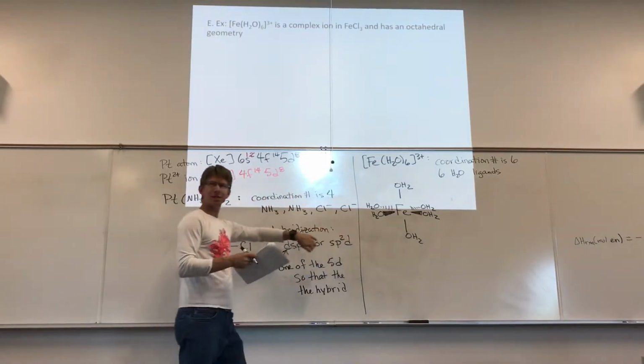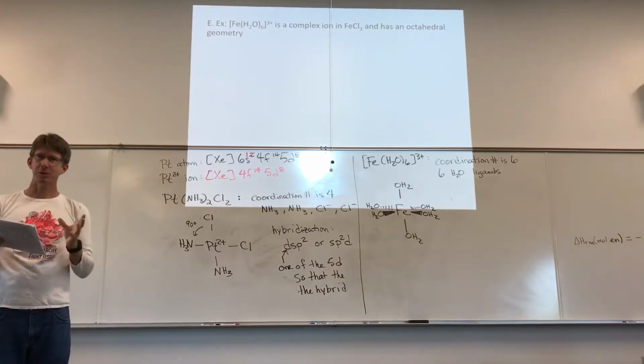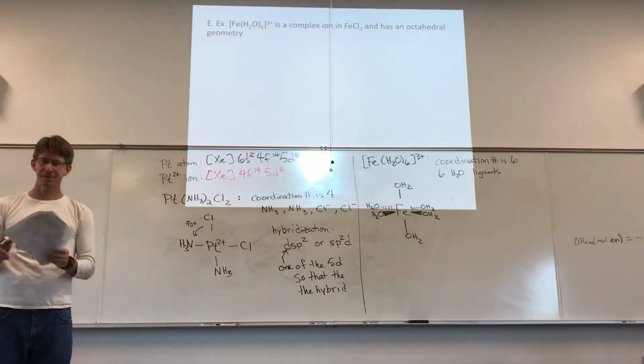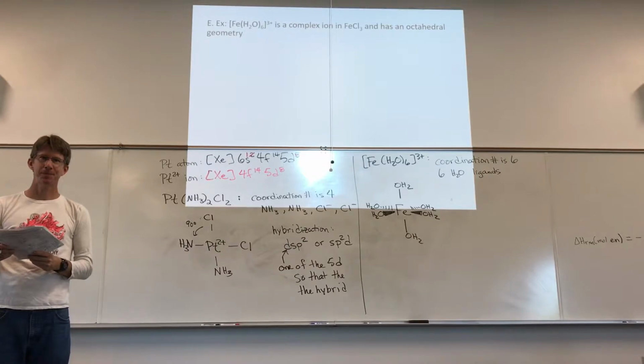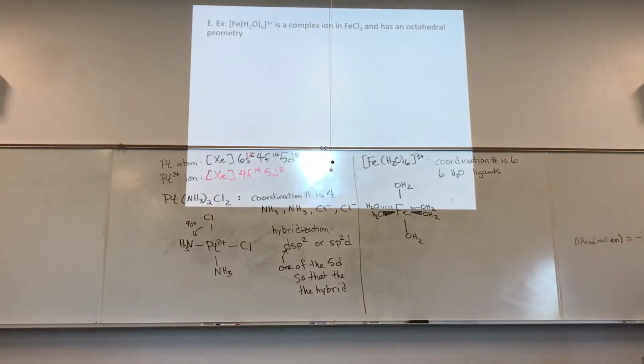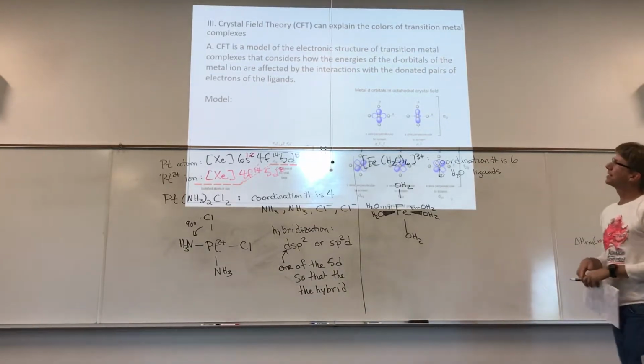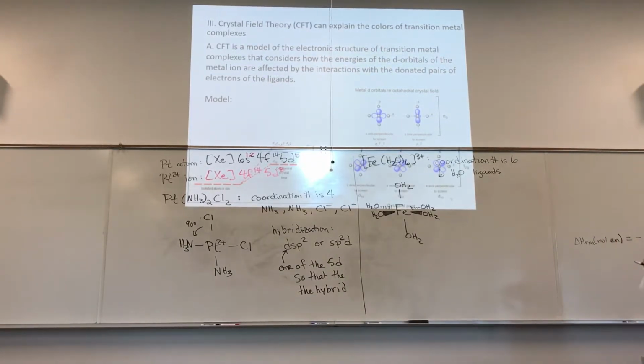Okay, so now we've done some of the shapes. I think we're ready to move on to the next part of the story. In the next part of the story, we talk about what's called crystal field theory, or CFT. Crystal field theory can explain the colors of transition metal complexes.